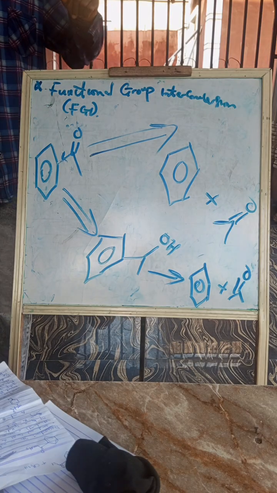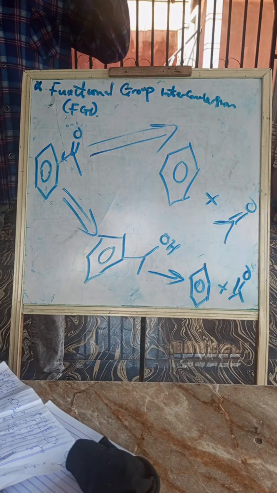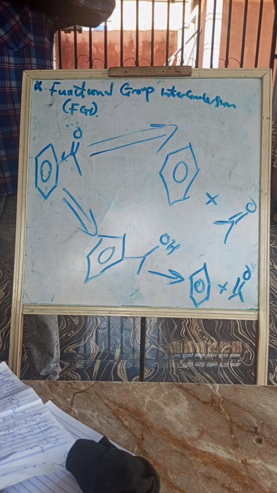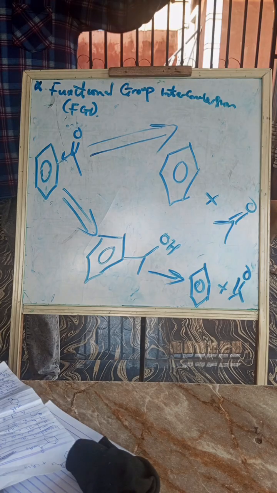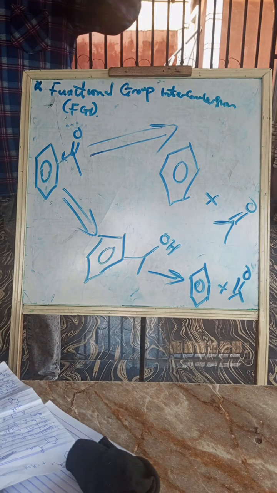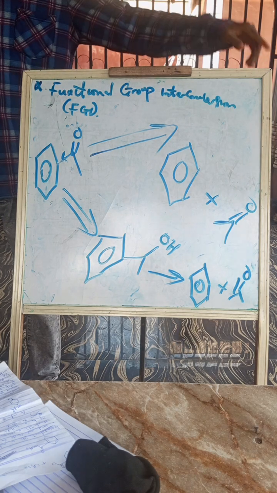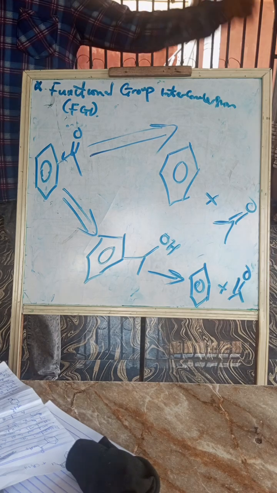Because when we consider carbanions, we have different kinds of reactions, like the aldol condensation, the cross aldol condensation, the Claisen condensation, the Michael reaction, the Robinson annulation reaction.